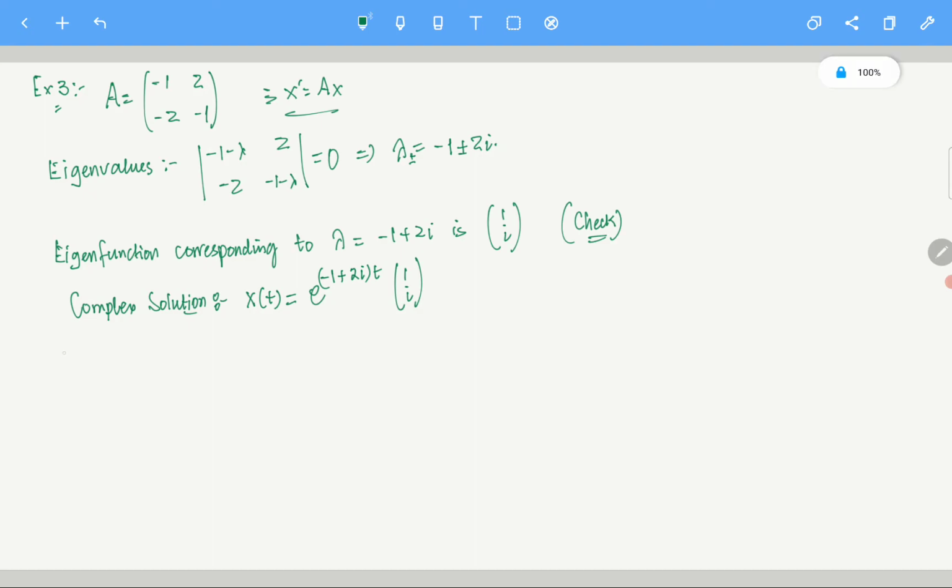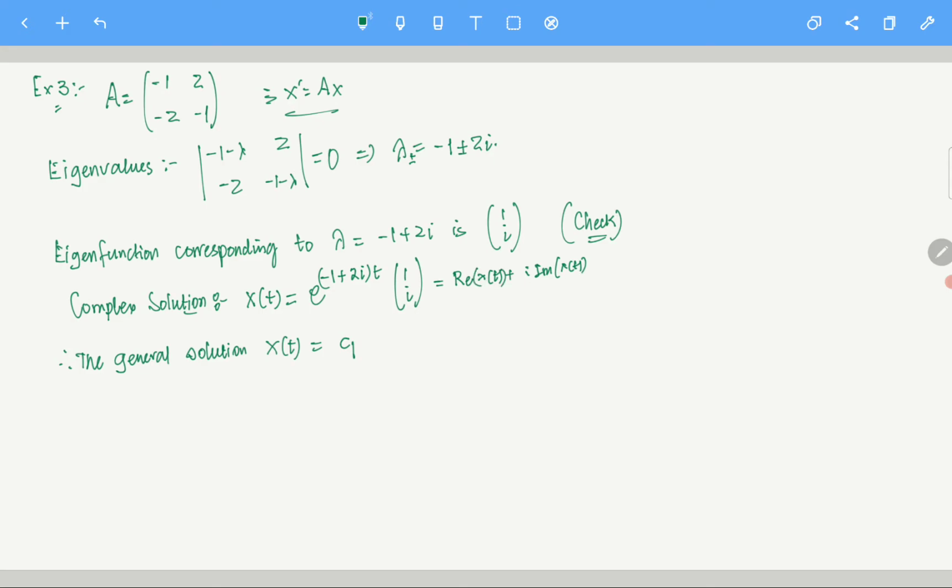Okay, so therefore the general solution, how do you find a real solution? The general solution x of t will look like this: C1 times, what you do is you write it as x of t, right? Now this can be written as real part of x(t) plus i times imaginary part of x(t).